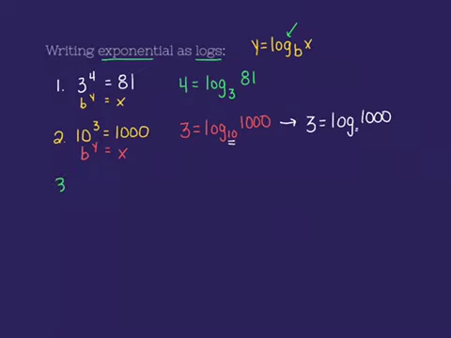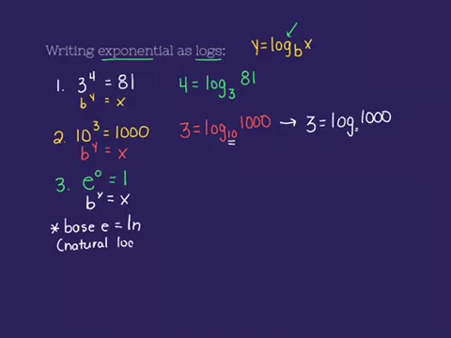Let's look at e to the 0 is equal to 1. This one's going to be slightly different because we have a base of e. Right now we have b to the y equals x. Anytime we have base e, instead of using log, we use ln for natural log.